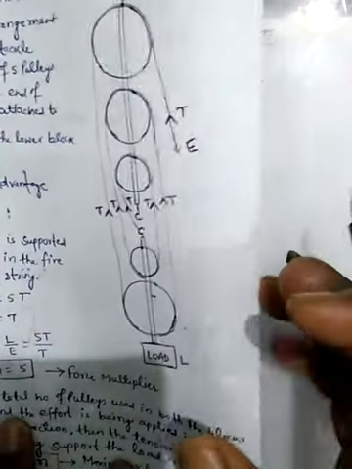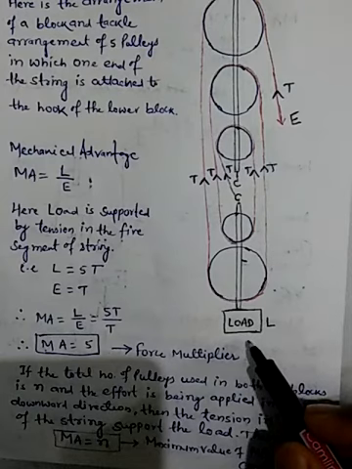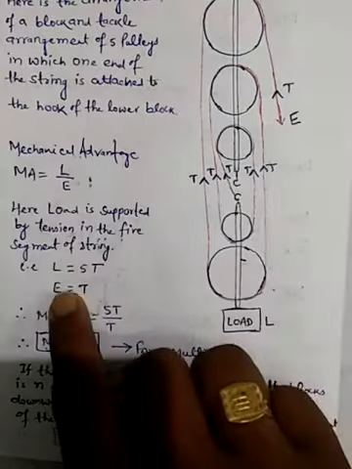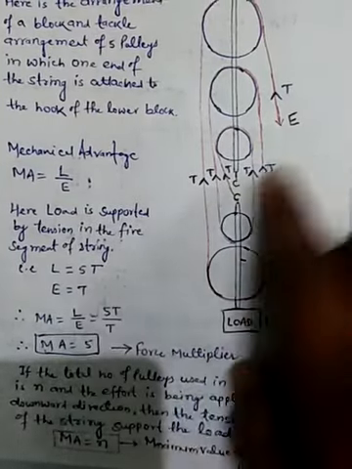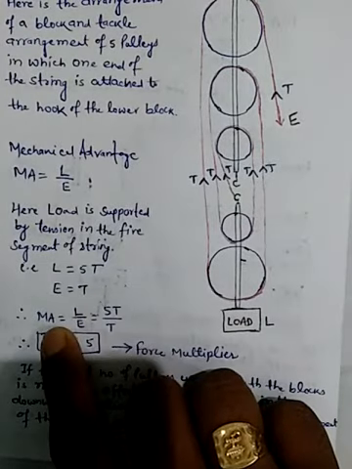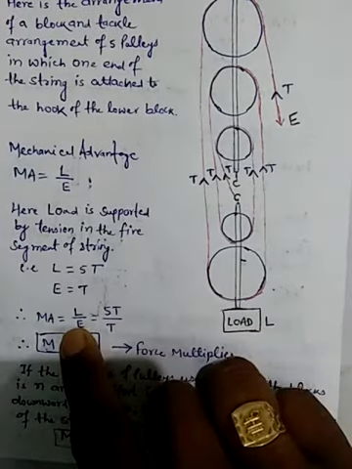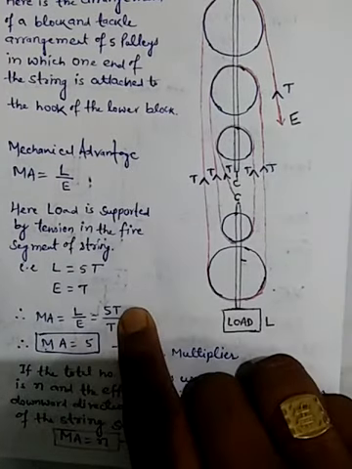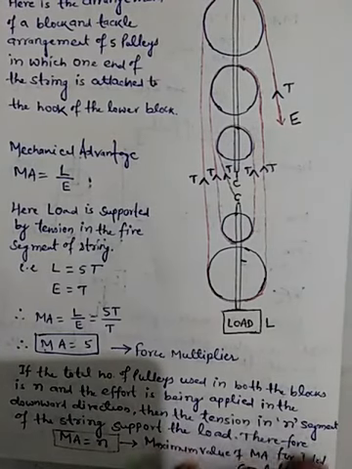Therefore, because the load is balanced by the five segments of the string, we can write the load will be equal to 5T and effort will be equal to T. Then we can find the mechanical advantage. From the formula, mechanical advantage will be equal to L upon E, that is 5T upon T, and mechanical advantage is obtained as 5.